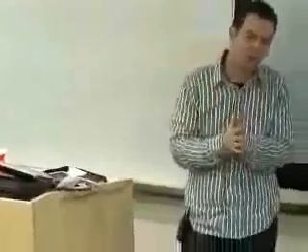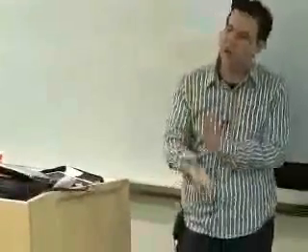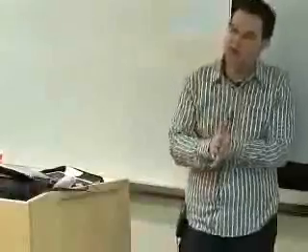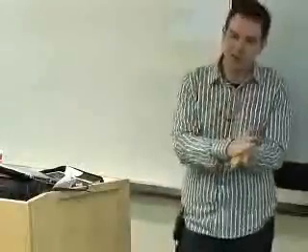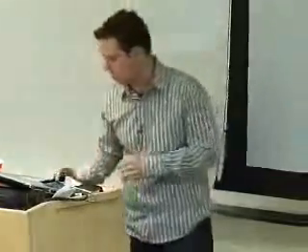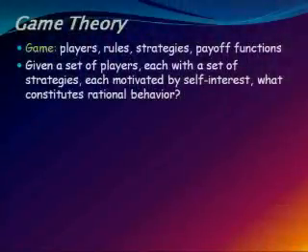We have a set of rules, which is going to be basically the mechanism that the search engine is going to use. We're going to see a couple of strategies that the players, or the advertisers, can follow in selecting their bid for the search engine. And payoff functions, or utility functions, we're going to talk about this. It's going to be basically a function that determines the benefit of each advertiser. Okay.